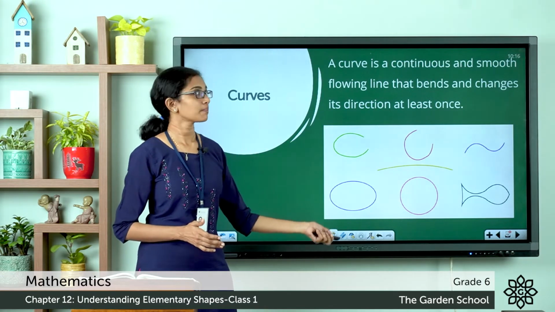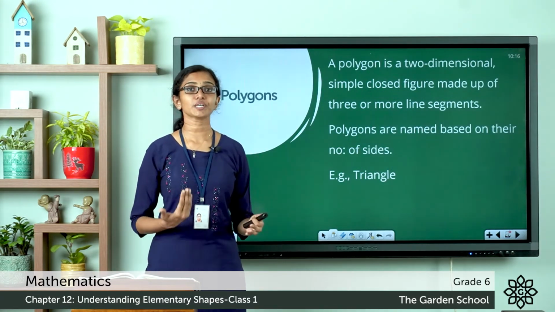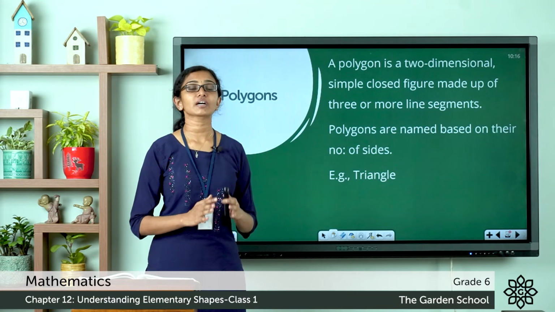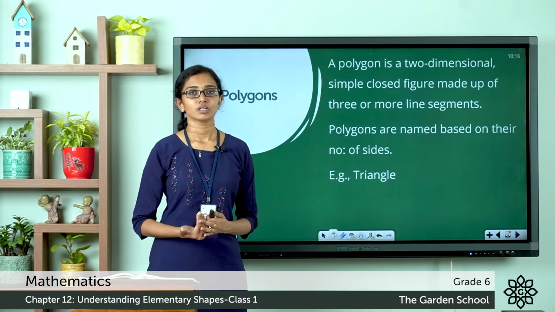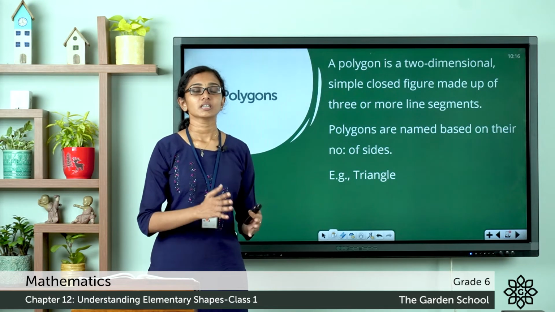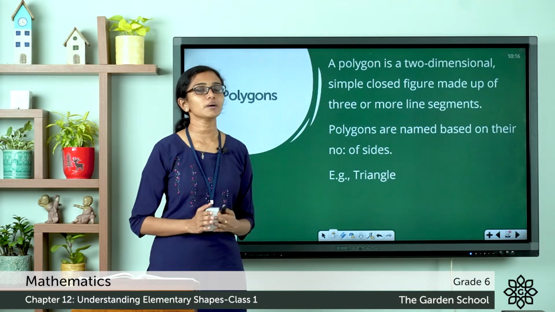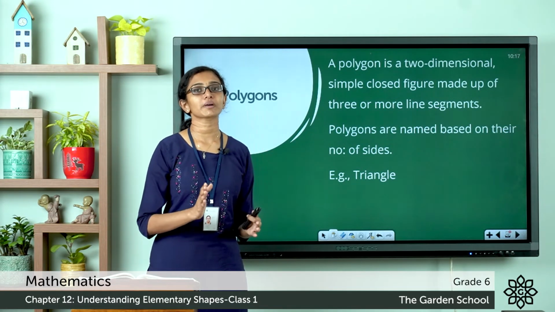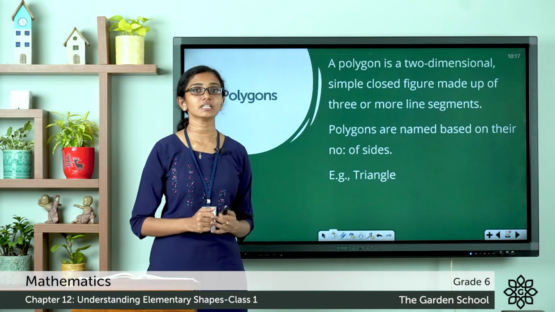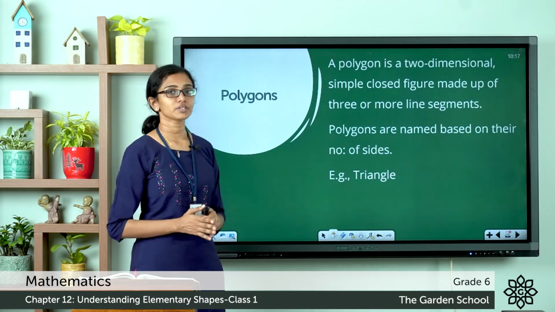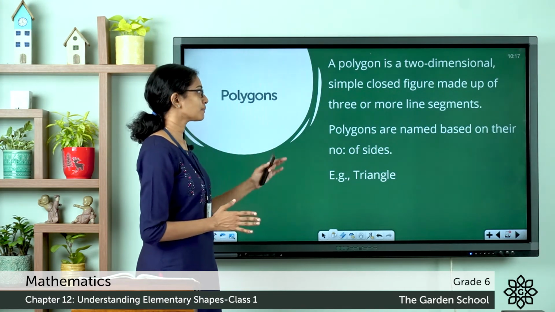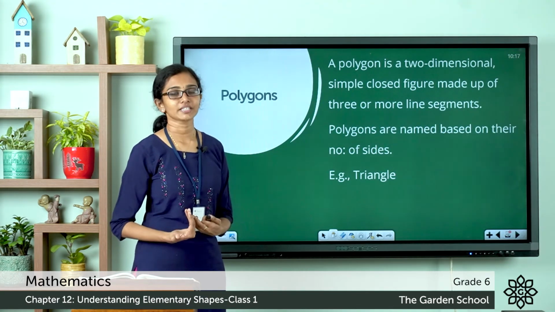Now, we have also learned about polygons. What is a polygon? A polygon is a closed figure made up of 3 or more line segments. Note that a circle is a closed figure, but it is not a polygon since it is not made up of straight line segments, but instead it is a closed curve. So a polygon is a two-dimensional simple closed figure made up of 3 or more line segments.